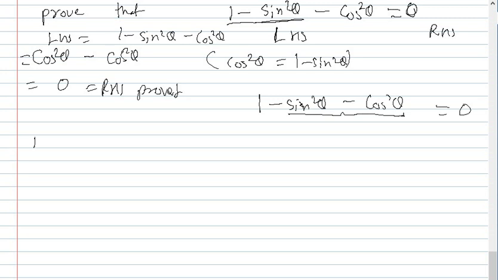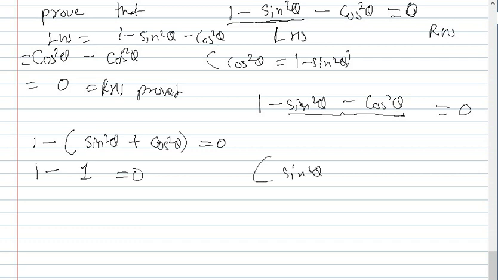Then this would become 1 minus, within bracket, sin square theta plus cos square theta, is equal to 0. If you remember, sin square theta plus cos square theta is equal to 1, so 1 minus 1 is equal to 0. 0 is equal to 0, LHS is equal to RHS, proved.